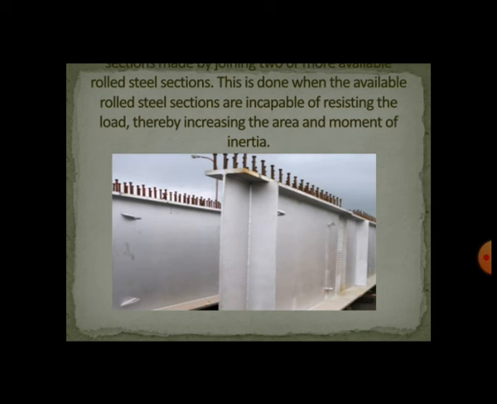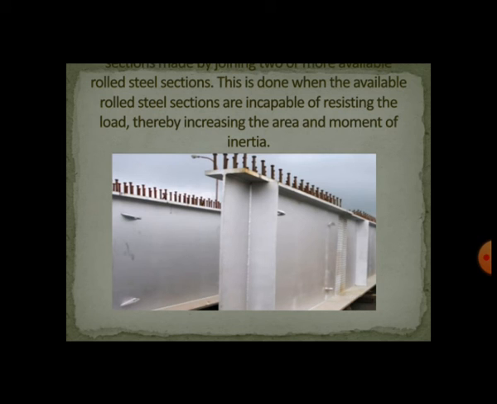This one is built up section. So sometimes available rolled steel sections may not be sufficient to carry the loads coming onto the structure. In such a situation, we need to develop another section by combining the available rolled steel sections.